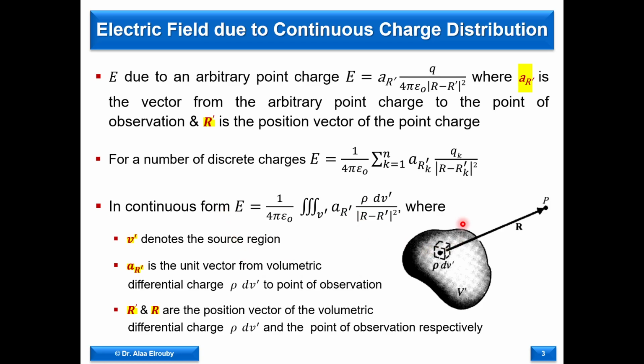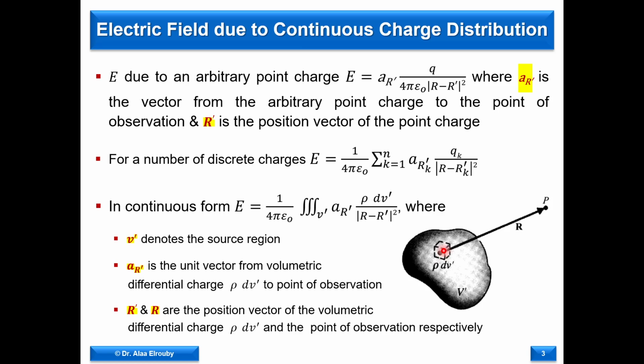So if we have such a volume, and this volume includes some volumetric charge distribution, and we want to calculate the electric field at any arbitrary point, as I said, we divide this volume into small differential volumetric elements and then sum the electric field from every single element, dealing with each as a point charge.